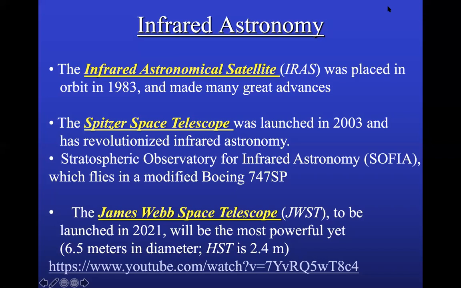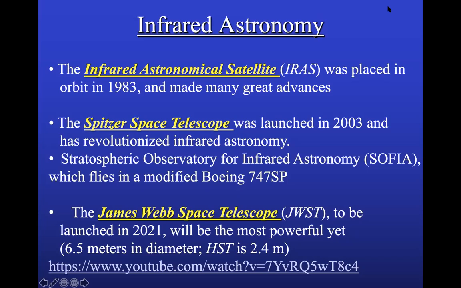Instead, they put money into making this large James Webb Space Telescope. The special thing compared to Hubble is that Hubble had a primary mirror with a diameter of 2.4 meters, while this telescope will have a primary mirror with a diameter of 6.5 meters, which will be interesting.